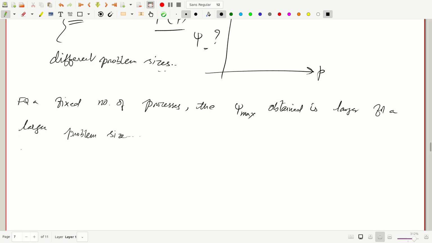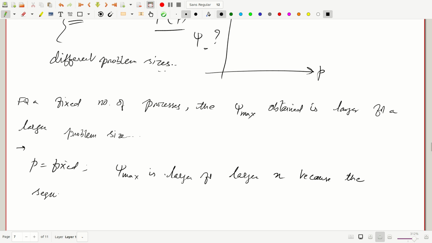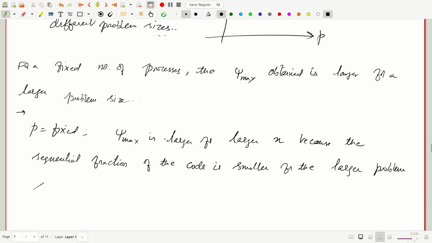Okay, that means we can also say this in a different way. For a fixed number of processes, the psi max is larger for larger n, because the sequential fraction of the code is actually smaller for the larger problem size.